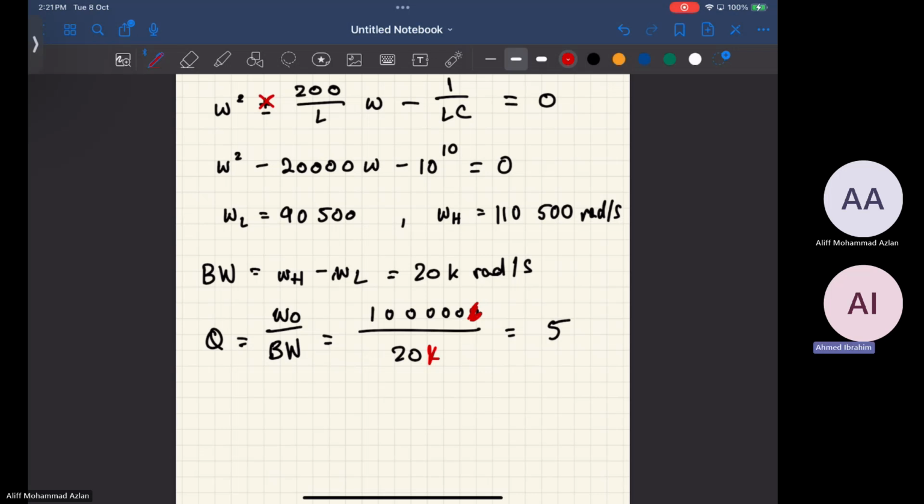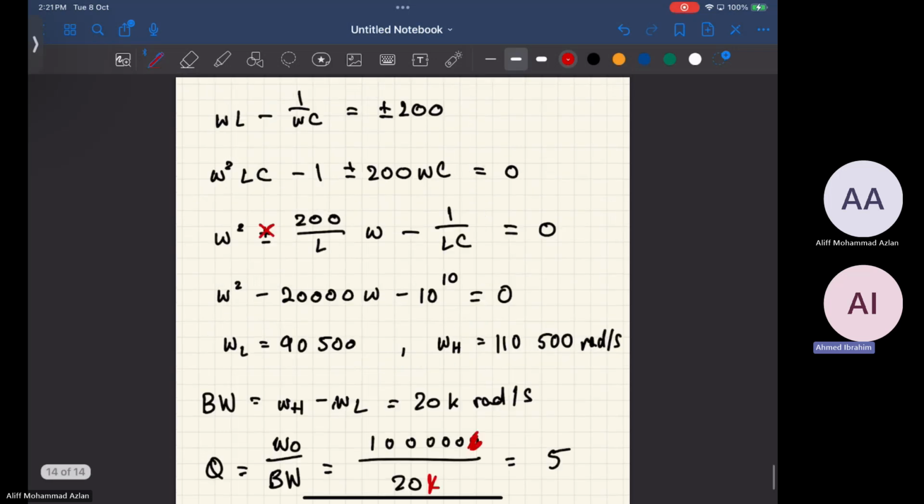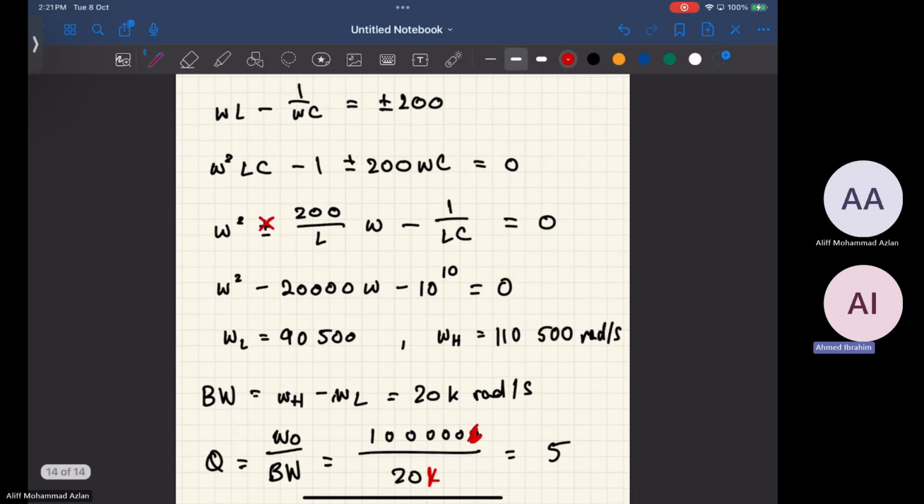All right. Are there any questions on that? I'll move on to the magnetically coupled circuit question.